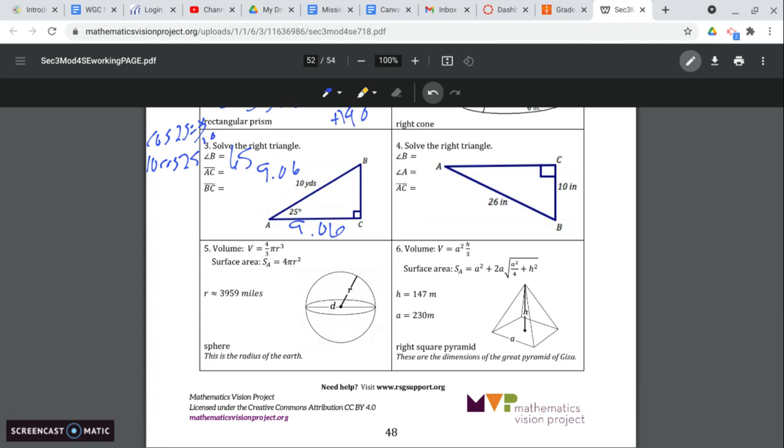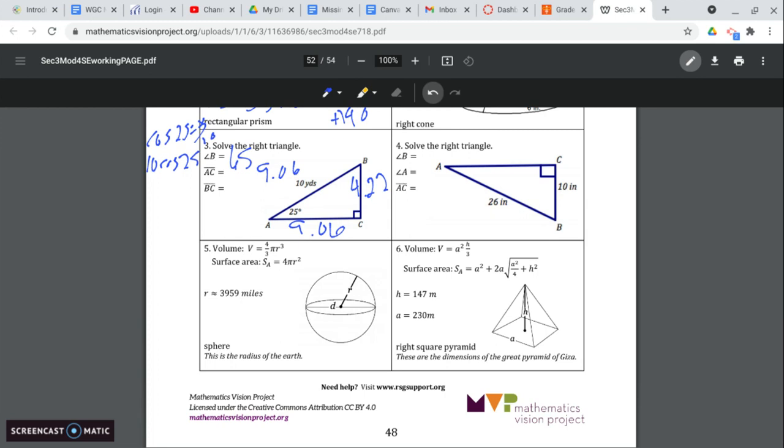So we'll do the same thing, but with sine: sine of 25 times 10. Sorry, calculator is not wanting to work right today. We get 4.22.